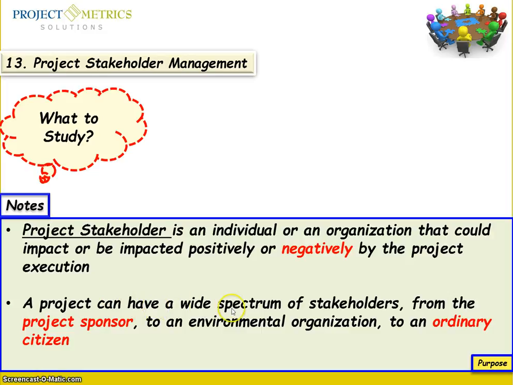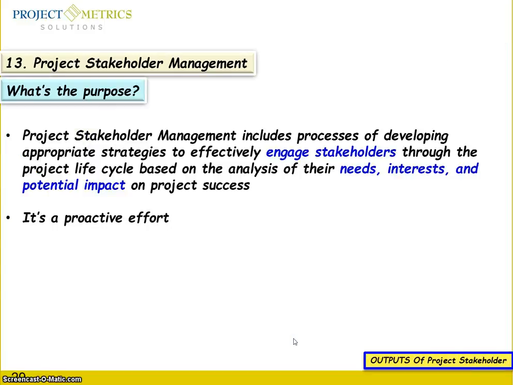A project can have a wide spectrum of stakeholders, from the project sponsor to an environmental organization to an ordinary citizen. What is the purpose? It includes the process of developing appropriate strategies to effectively engage all the stakeholders through the project life cycle, based on their needs, interests, and potential impact.